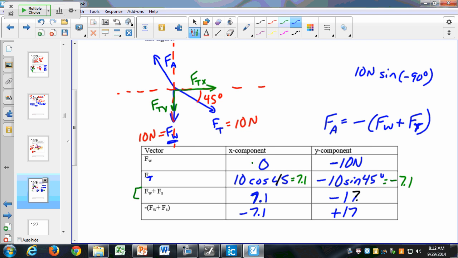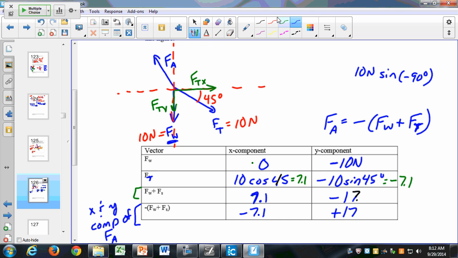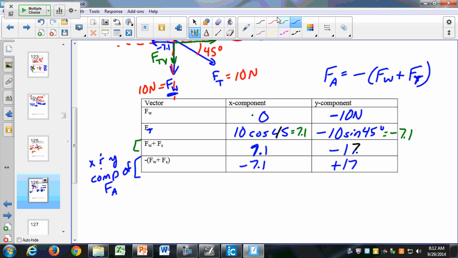Those are the x and y components then of FA, the force due to the air resistance. And so given that, I can find the magnitude and direction. So if I sketch these in, I have negative 7.1 in this direction and positive 17 in that direction, and then I can find the magnitude and direction of FA.